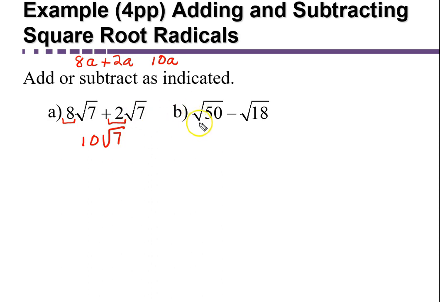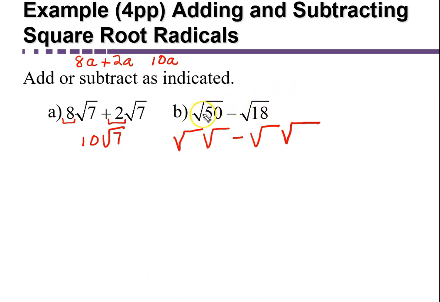Now as we look at B, we see the radical portion is not the same. So we have to go back and see if we can simplify these and put them into a form that has the same radical. To do this, we need to use a technique we had a little earlier.